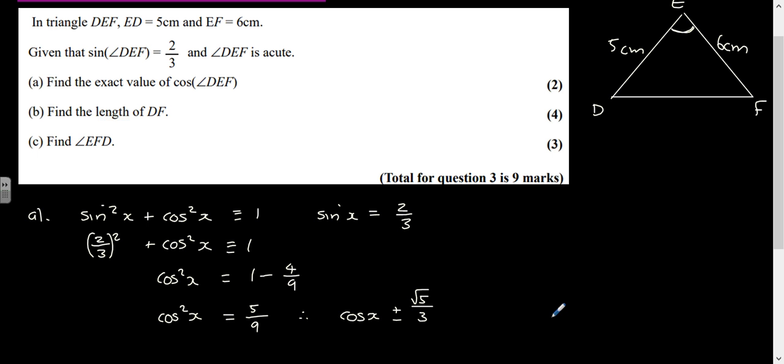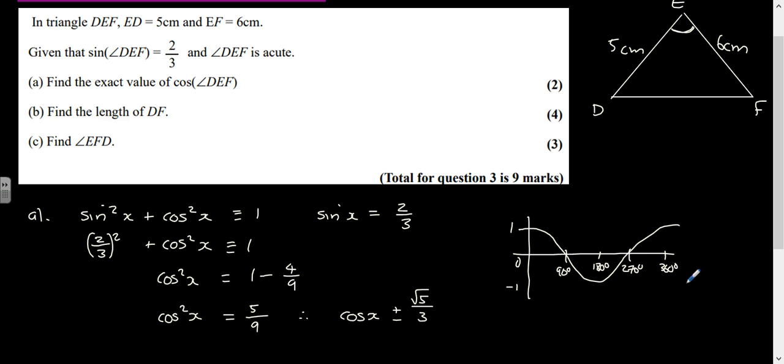Now, it's the plus or minus that makes us think then about the angle being acute. So we think about a sketch of the cosine graph. And we put in our key values of the cosine graph. We know that this is 90 degrees, this is 180, this is 270, and over here is 360. This is 0, that's 1, and this is minus 1.